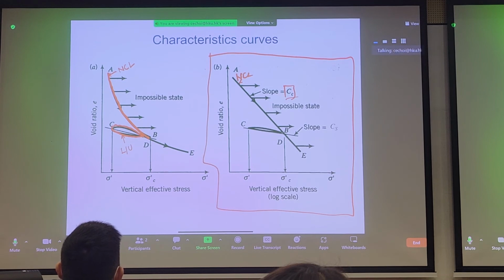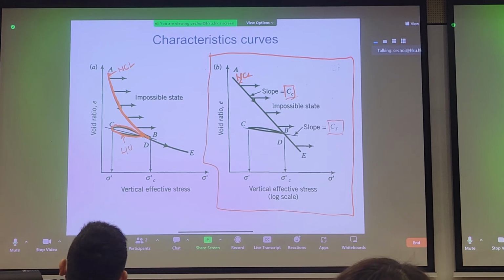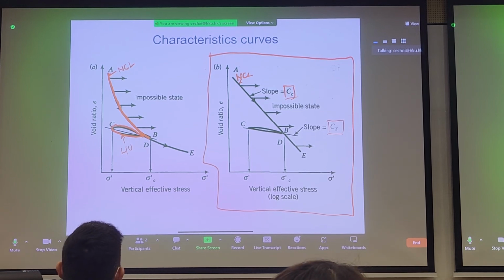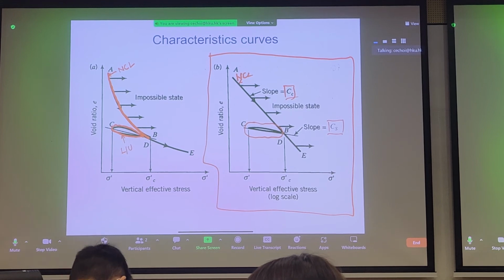And then you have your secondary slope, your unloading slope, C subscript S. And likewise, you also have impossible states on the right side of the NCL line. And notice that hysteresis is not so important anymore, and you can probably just use one line to get the slope of this curve.